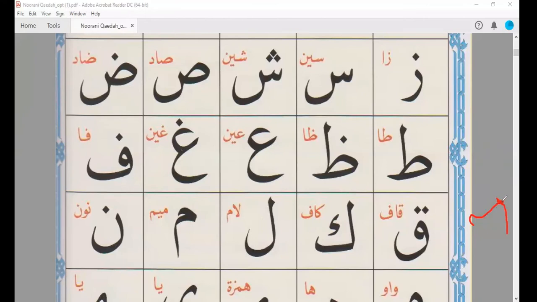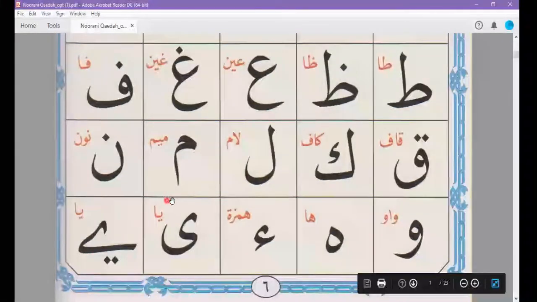Also, this is heavy because the back of the tongue is going up and the middle is forming a slight pit. Don't say ka. Qa is light. You want qa, not ka. Qala, not kala. And then you have kaf, lam, mim, noon. Very simple letters.